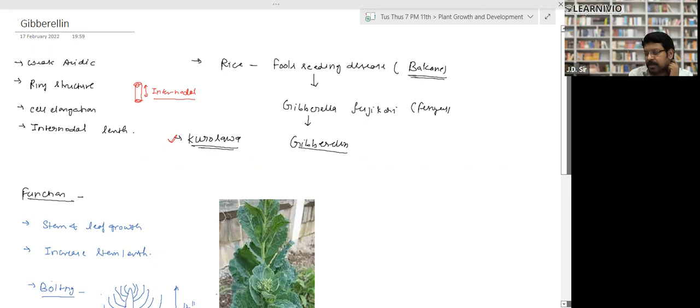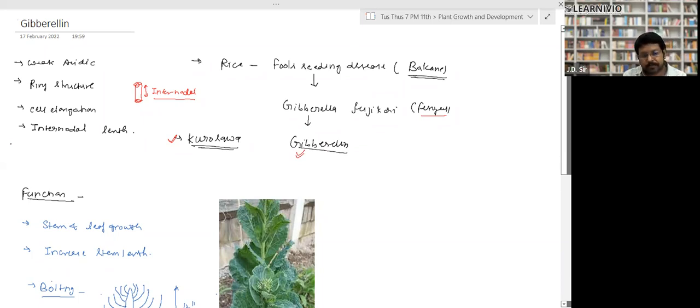A fungus infects the rice plant, and the rice plant has a covering of the seed, but inside the covering there is no seed. So seed formation does not take place and productivity decreases. This disease is caused by a fungus known as Gibberella fujikuroi. From Gibberella fujikuroi fungus, we have discovered gibberellin, right?